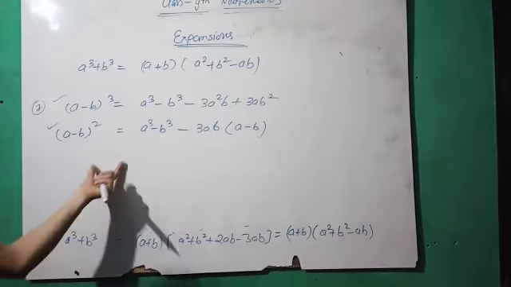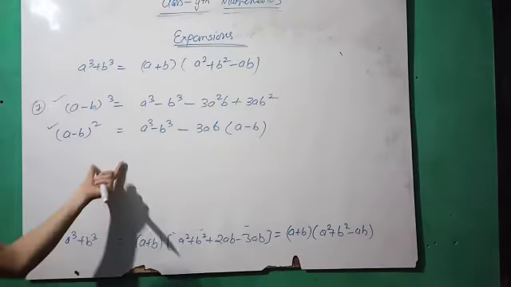Here we have to find out a cube minus b cube. For that, a minus b whole cube plus 3ab(a minus b). Okay, take a minus b as common. Here we have a minus b whole square plus 3ab.